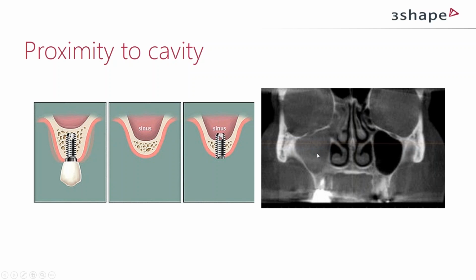We don't know. So in this area we want to place an implant, and if we look at the left image, we can see that if we have sufficient bone, it's easy to place the implant and there is room enough. But as we get older, the sinus reshapes as it does over age, and also if you lose your teeth, it will reshape.